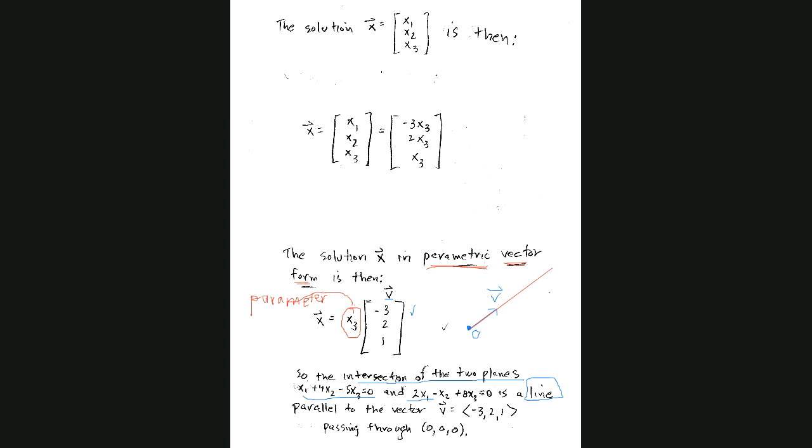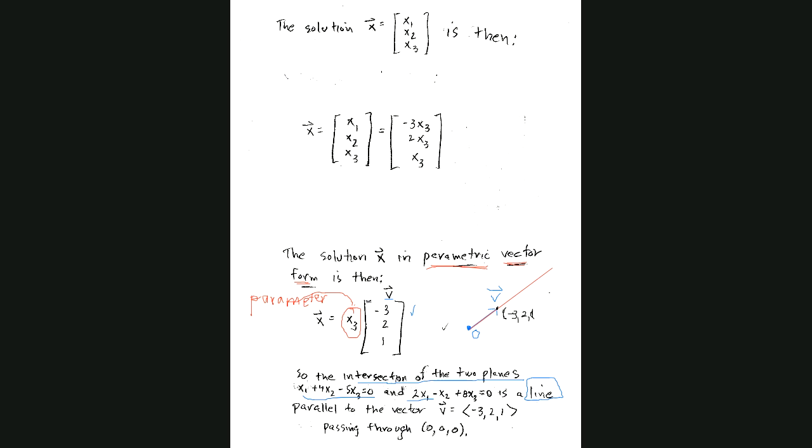Let me put a coordinate here. That coordinate is vector v, which is -3, 2, 1. I'm drawing it in 2 dimensions, but we know it's a 3-dimensional vector.